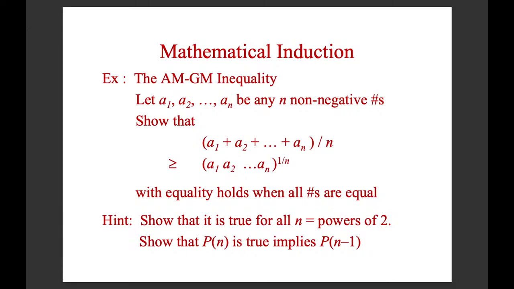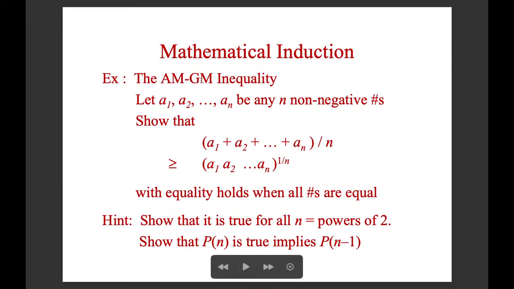The arithmetic mean is we sum all of these n values up and divide by n, the average in terms of the plus sign. And the geometric mean is the average in the sense of multiplication. So we multiply all of these a1, a2 up to an together and take the nth root.